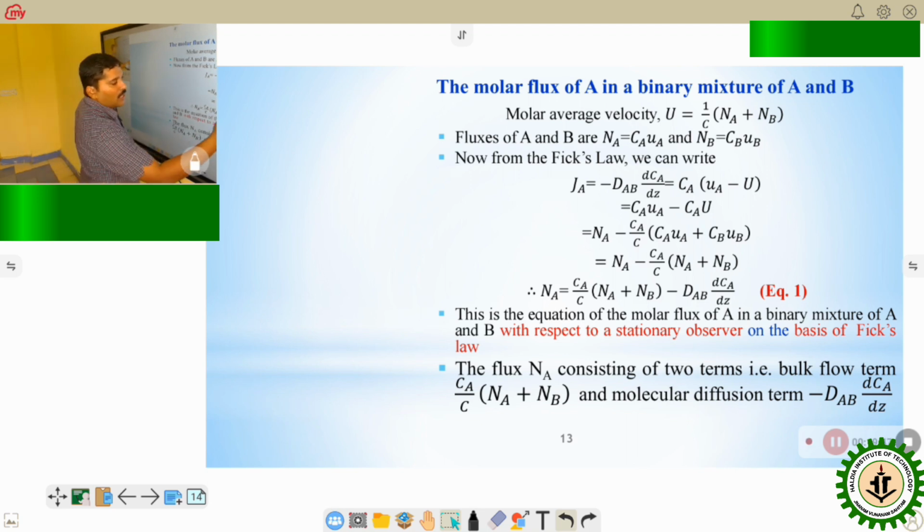The flux N_A consists of two terms: the bulk flow term, that is the convective term, C_A by C into (N_A plus N_B), and the molecular diffusion term, minus D_AB dC_A by dz. From there, we get our equation for the molar flux of A: N_A is equal to C_A by C into (N_A plus N_B) minus D_AB into dC_A by dz.